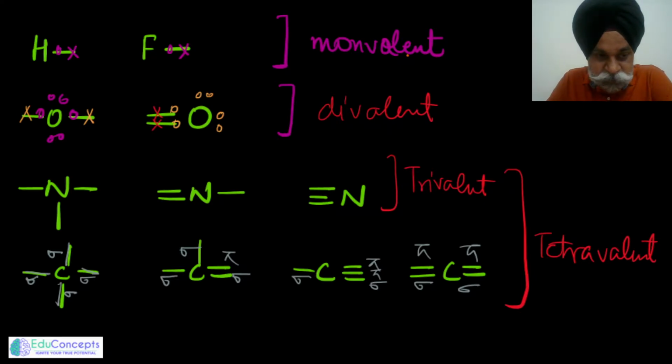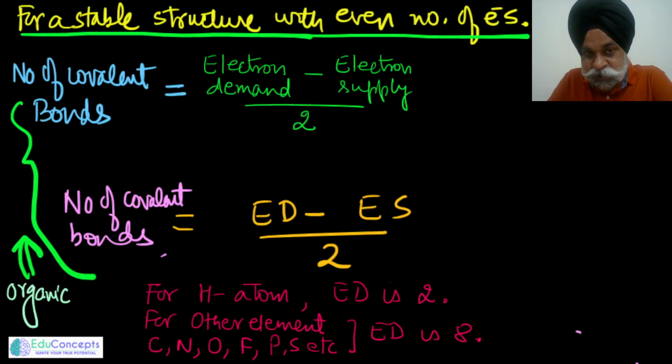Also, we talked about how to find the number of covalent bonds for a stable organic compound if it has an even number of electrons. I shared this trick with you in the last session: the number of covalent bonds is electron demand minus electron supply, divided by 2. For hydrogen, because it is in search of one more electron to have the octet of helium, its electron demand is 2.